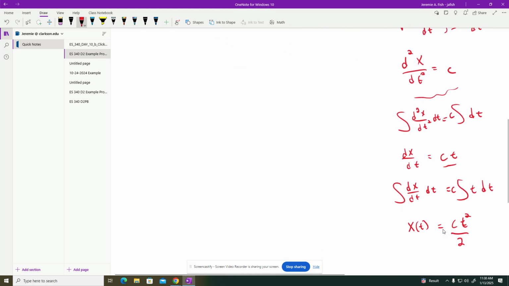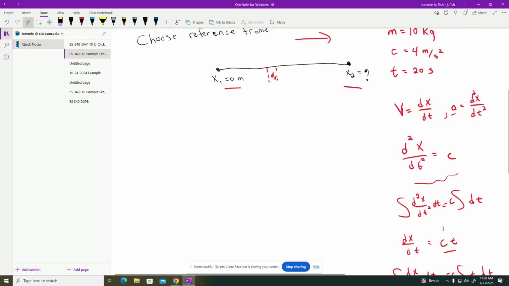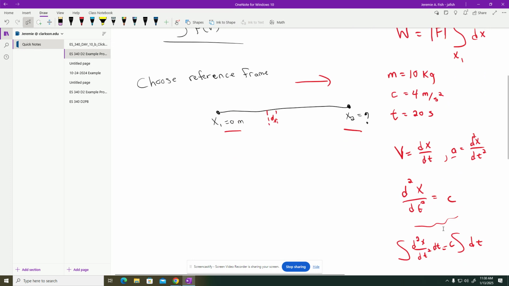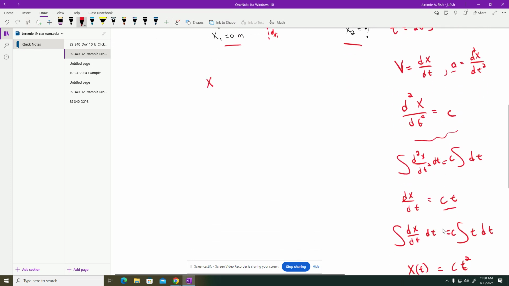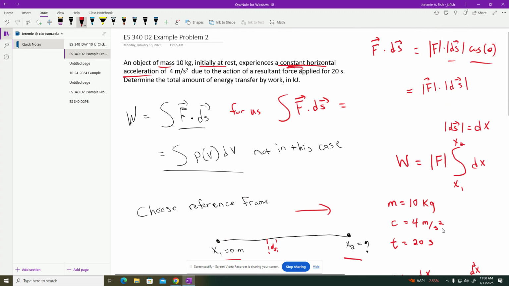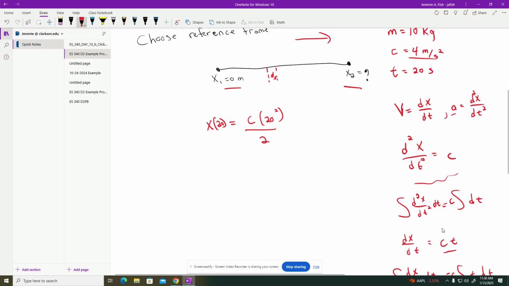And so now what I can do is figure out the value at t equal to 20. So x of 20 is going to be equal to c times 20 squared all divided by 2. And c was equal to 4, right? We already mentioned that c was equal to 4 meters per second squared.